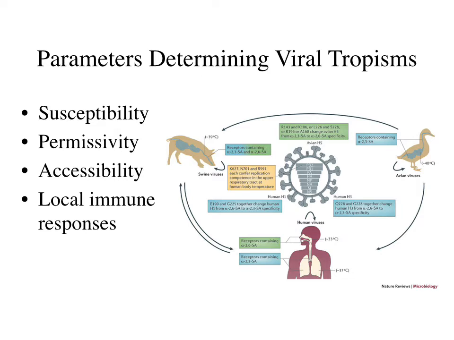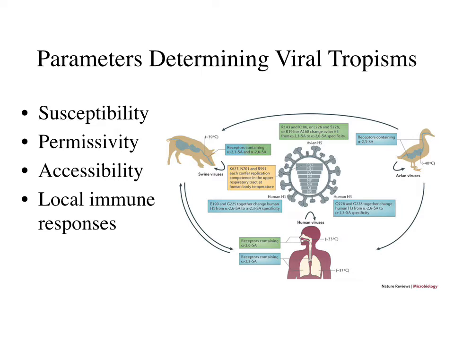As an example, the flu is usually limited to the upper and lower respiratory tract because it requires a protease to cleave the hemagglutinin precursor. Expression of this protease is limited to the respiratory system. However, a mutant virus that can use a more ubiquitous intracellular protease could have altered tropism and virulence.